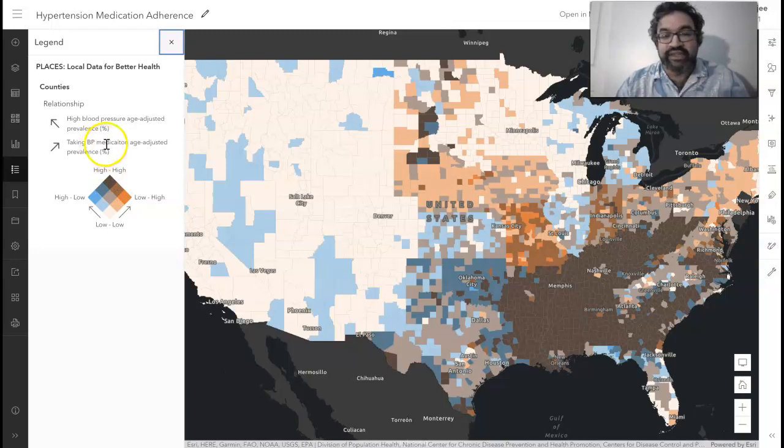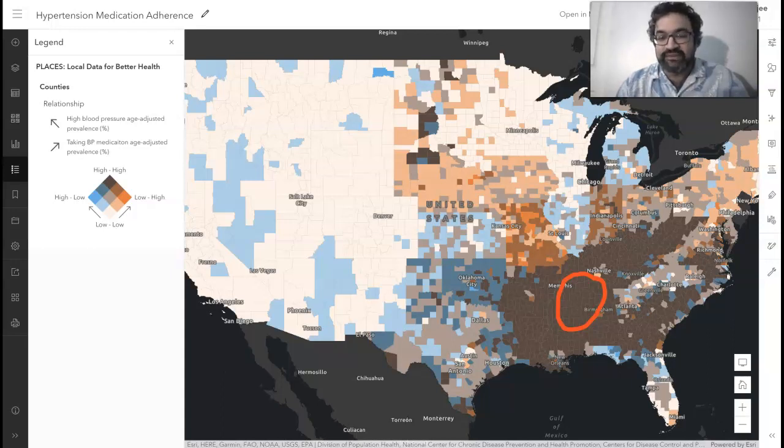If we're thinking about high blood pressure age adjusted prevalence percentage, and then a high percentage of taking blood pressure medication, which is designated in gray, then this theoretically would be the type of outcome that you want. So these areas, even though there's high blood pressure, there's also high compliance.